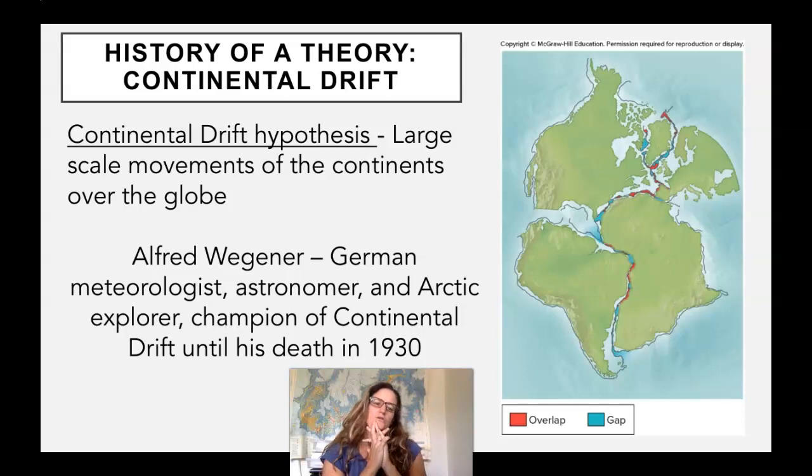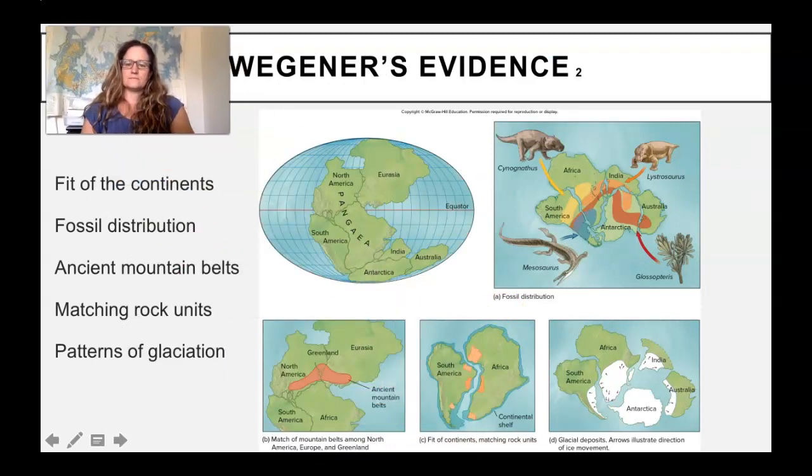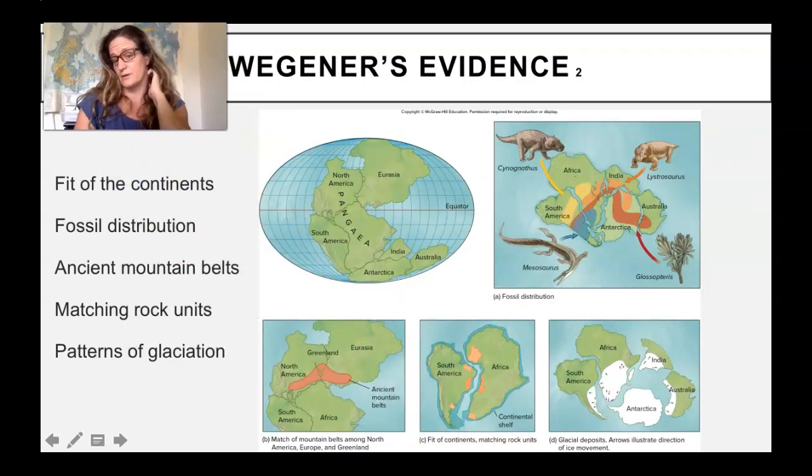If you were given continents and asked to fit them together like a puzzle, you could fit them together. There's a little bit of overlap and a little bit of gap, but we can look at a globe and see that if you squish all the continents together, they would fit together like a puzzle. Alfred Wegener looked at many different lines of evidence. He looked at that puzzle and the fitting together of the continents. We call that Pangaea.